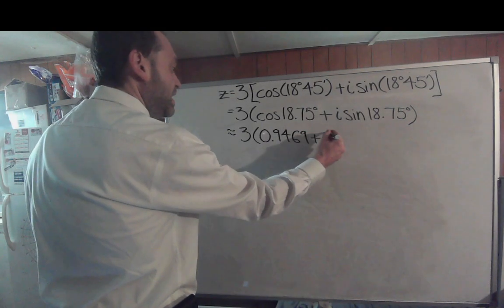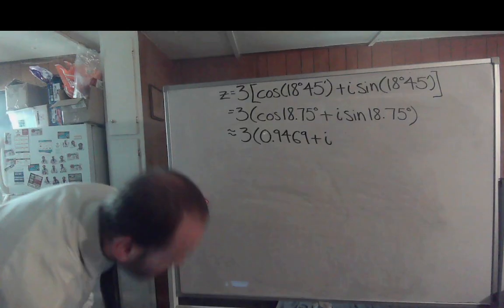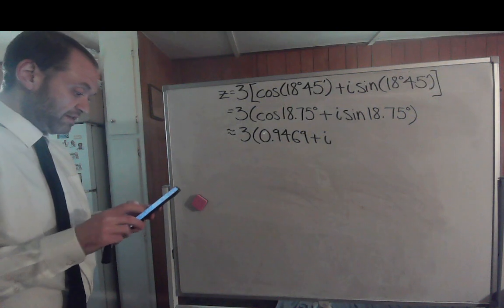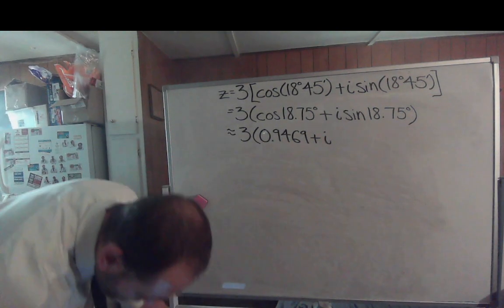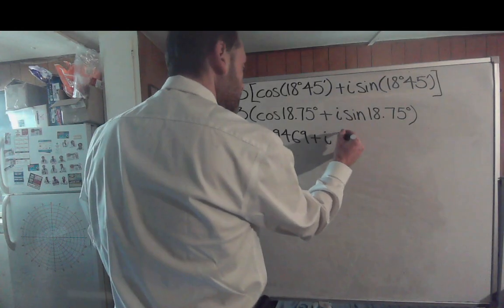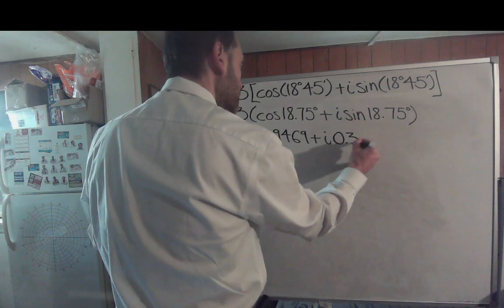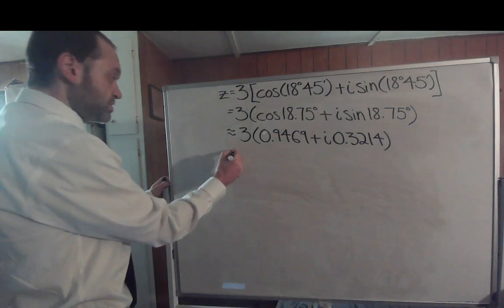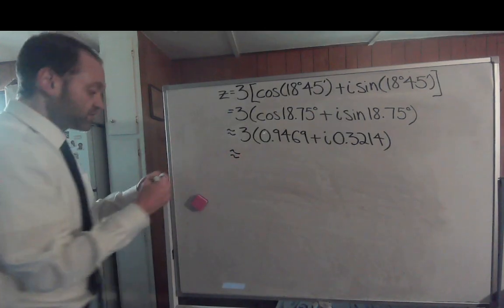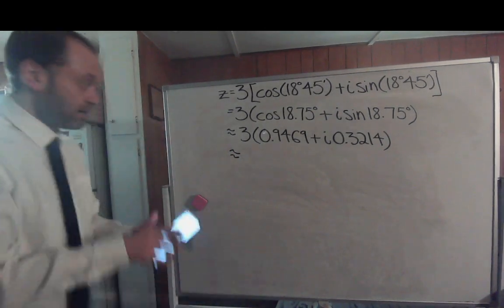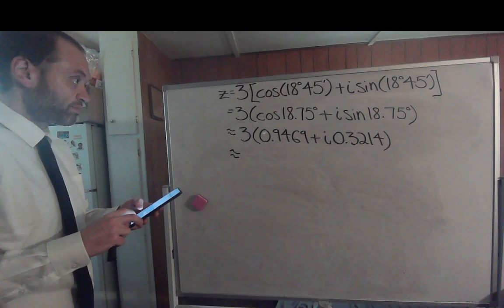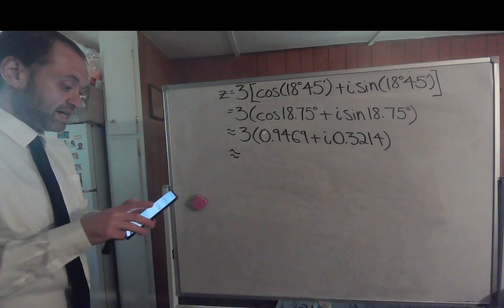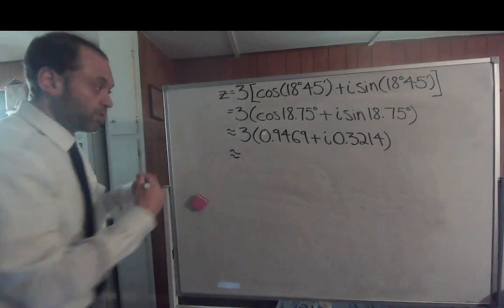Plus, we'll take i times now the sine of 18.75. That'd be about 0.3214. So we can do a final answer now. Just take everything, multiply it by 3. So 3 times 0.9469, that's about 2.84.